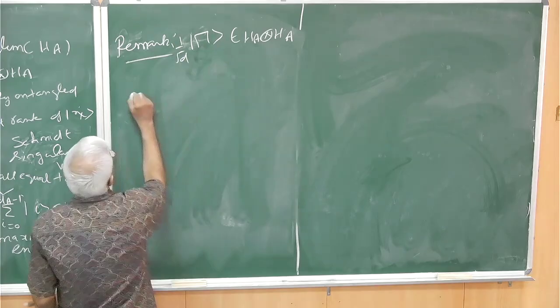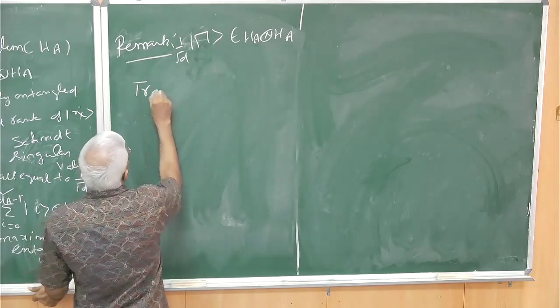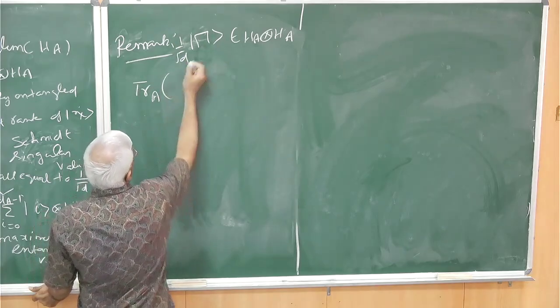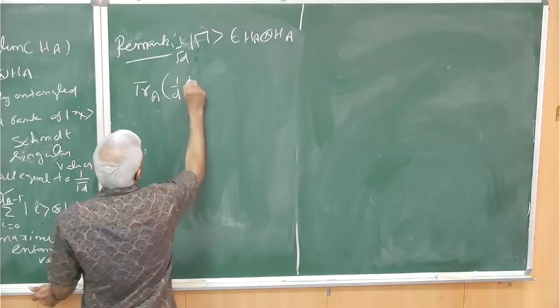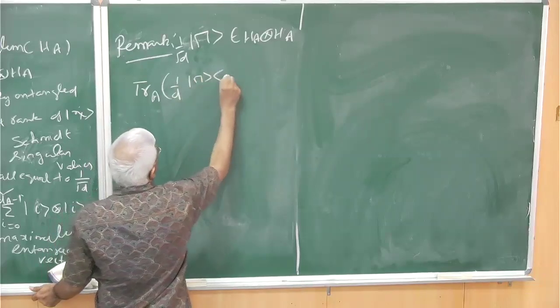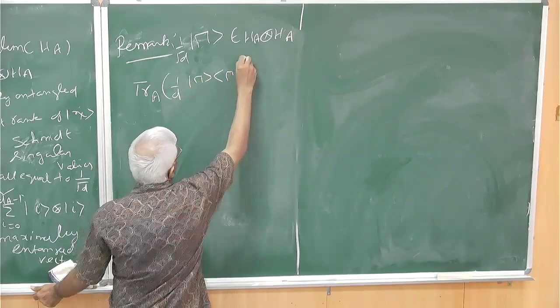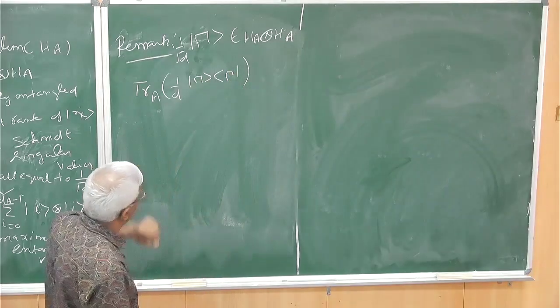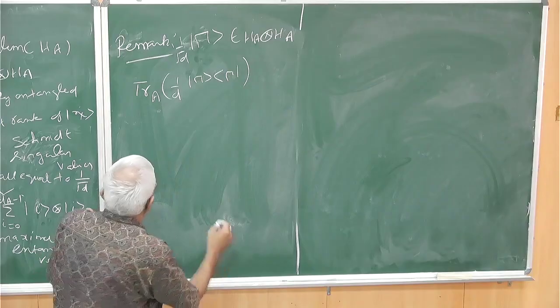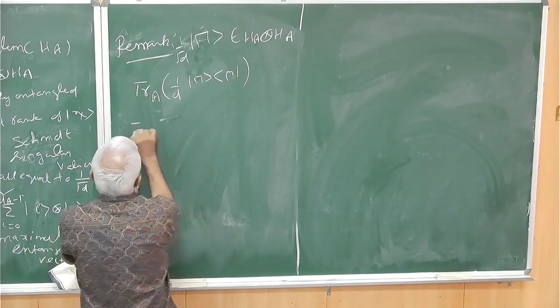Then the partial trace over A of this. This is a pure state. If you take the partial trace of this, it is equal to what?